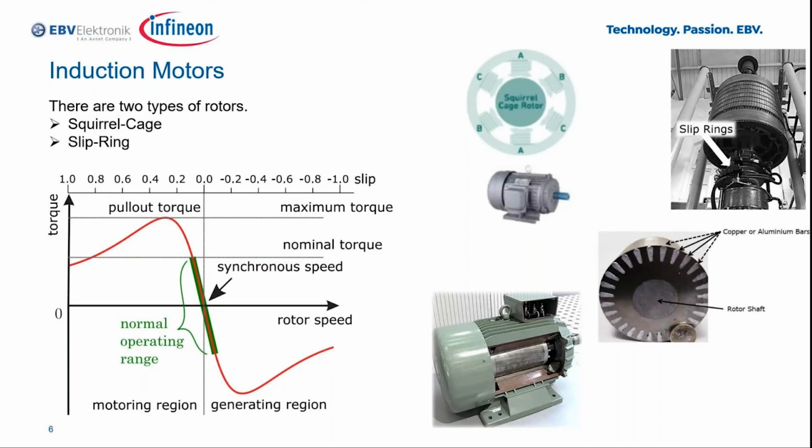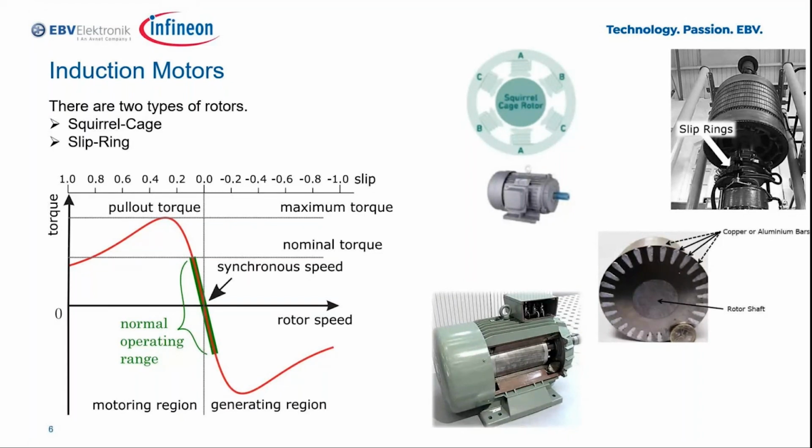If we examine the graph, the synchronous speed corresponds to the rotating speed of the stator magnetic field. At synchronous speed, no torque is produced by the motor because no current is induced in the rotor windings. If the rotor rotates at a lower speed than the stator field, the motor runs in the motoring mode.